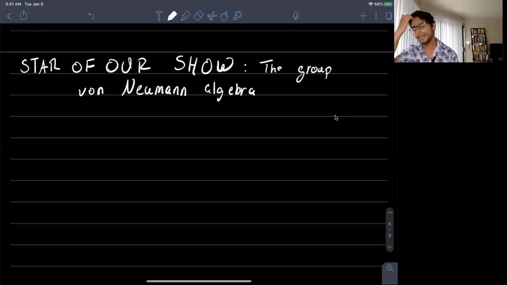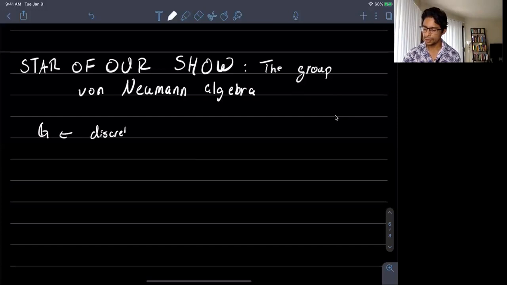So what is this object? Well, it's built this way. First, I'm going to start with a group G, which will always be a discrete, countable group.